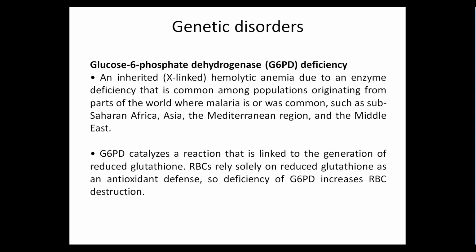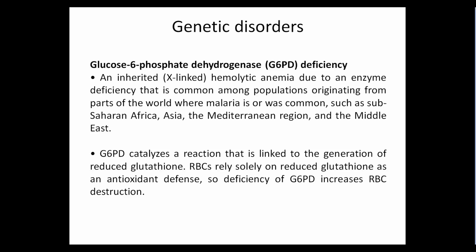Glucose 6-phosphate dehydrogenase deficiency, an inherited hemolytic anemia due to an enzyme deficiency that is common among populations originating from parts of the world where malaria is or was common, such as sub-Saharan Africa, Asia, the Mediterranean region, and the Middle East.